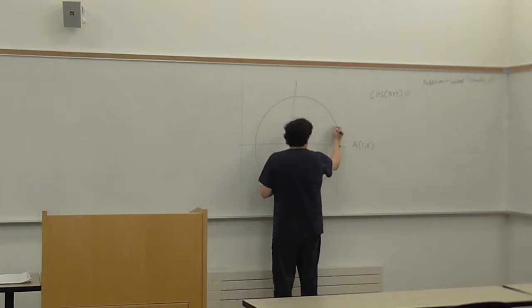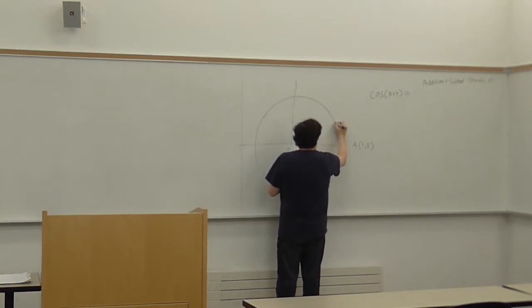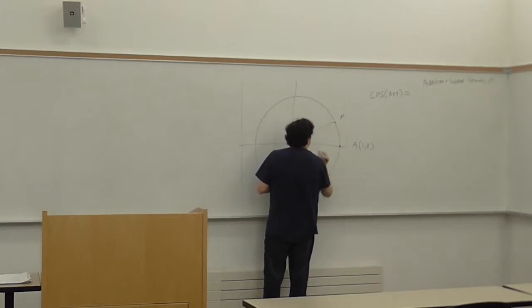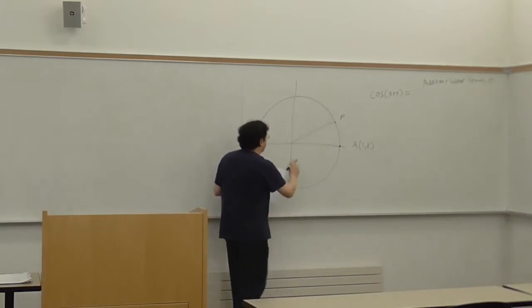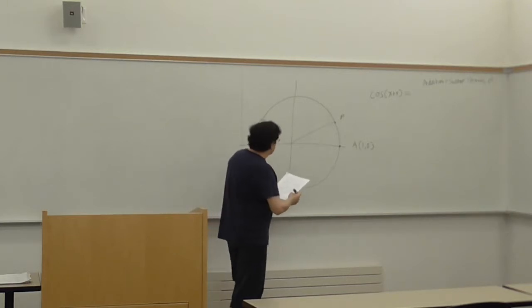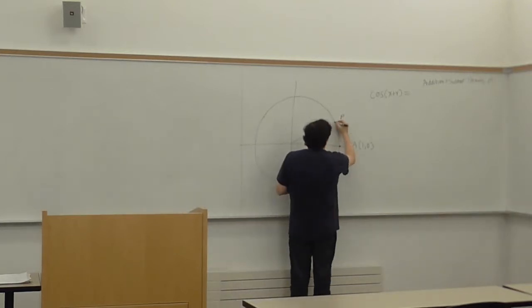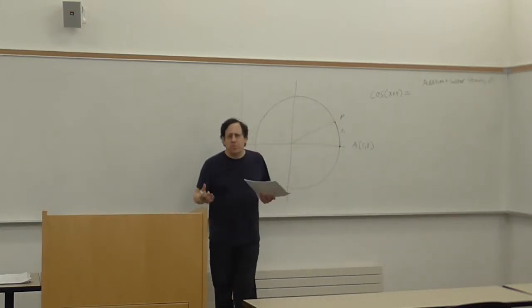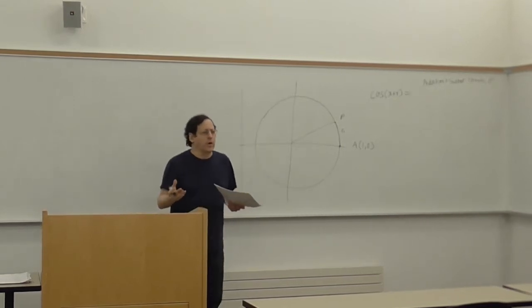And next we're going to pick an arbitrary point P in the first quadrant, and draw a radius. And we're going to label this arc here R1. That is to say, the measure of that arc is R1.